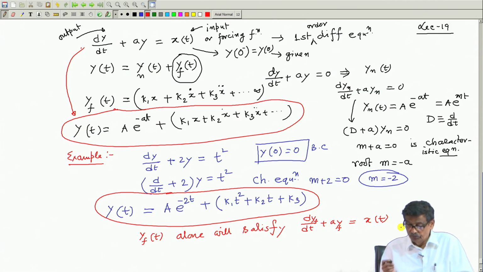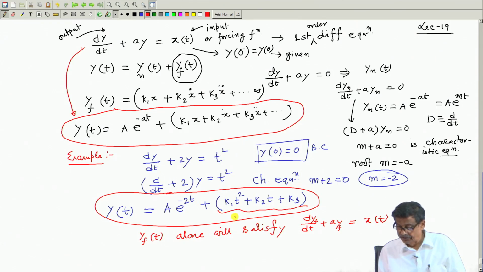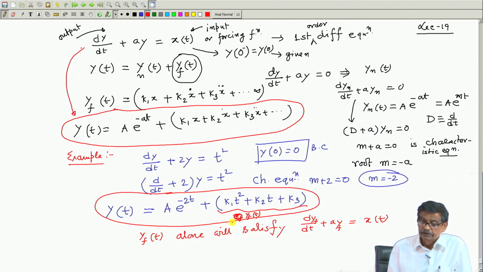If that is true, then this part is the forcing function part, y_f(t). So, y_f(t) alone will satisfy this differential equation. So, I will put it here in the differential equation.